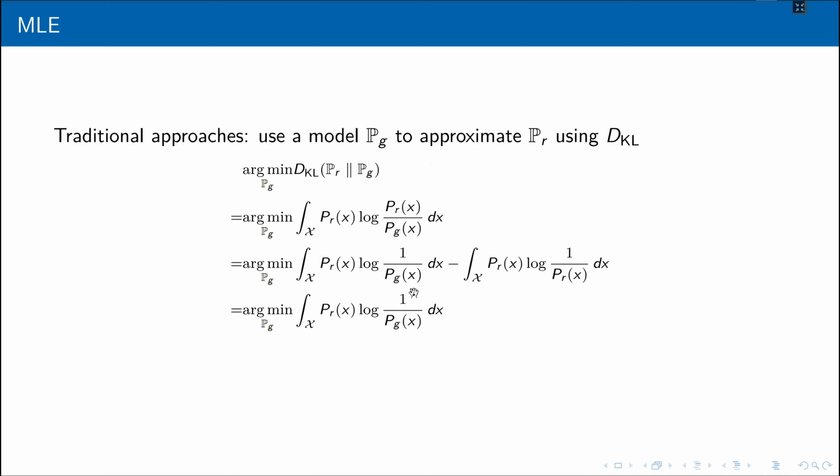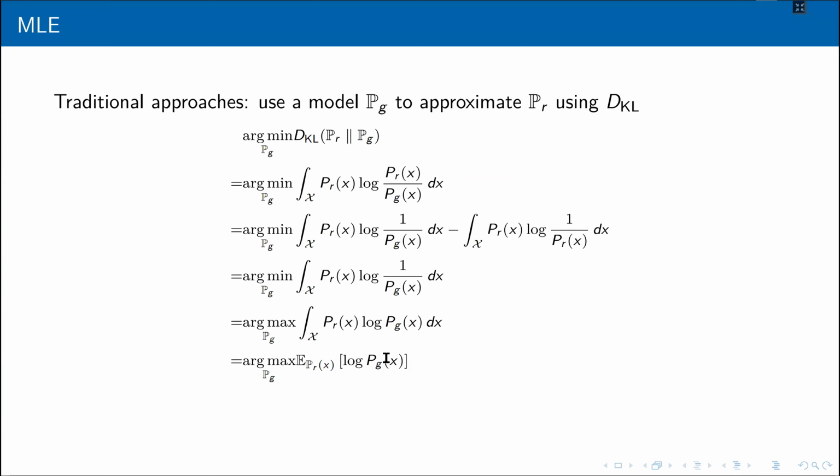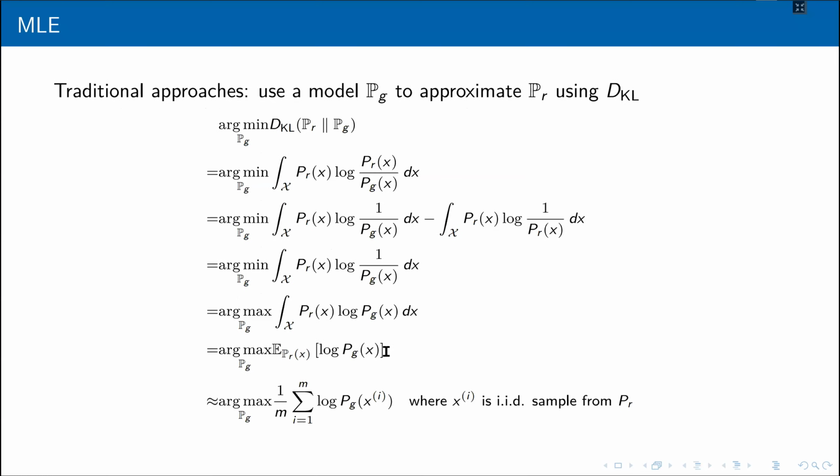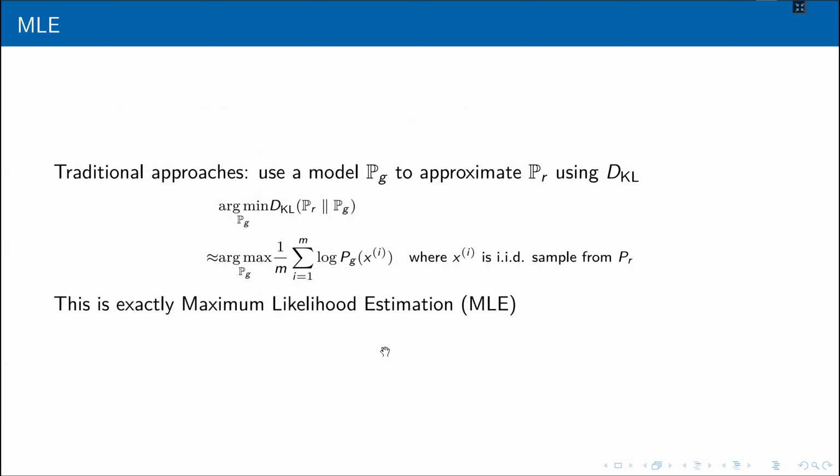We can omit it. And minimizing the negative log is equivalent to maximizing the positive log. And if we rewrite it in an expectation form, we can use the Monte Carlo method to estimate it. Actually, this is maximum likelihood estimation.